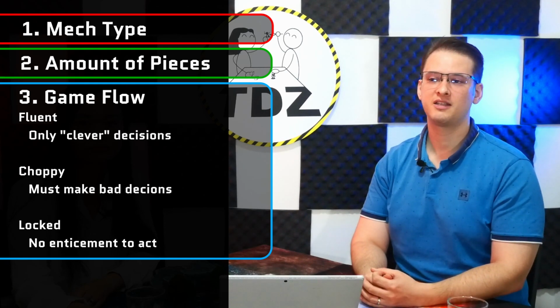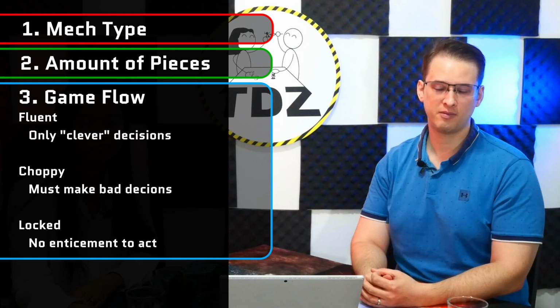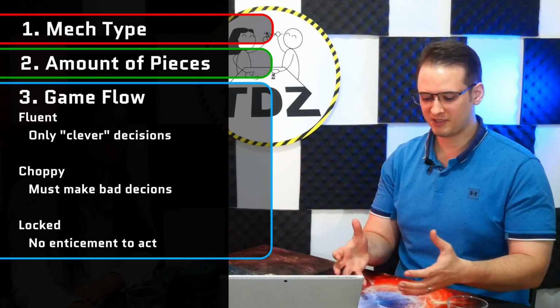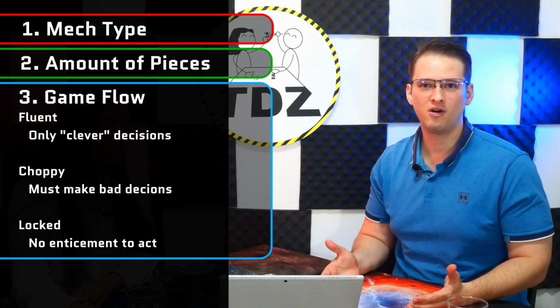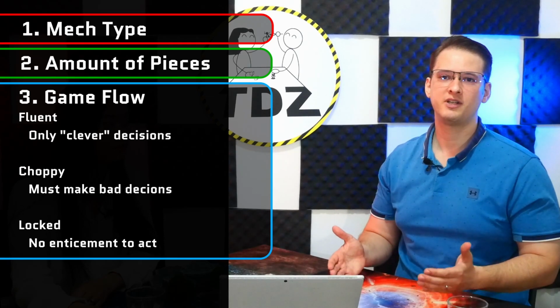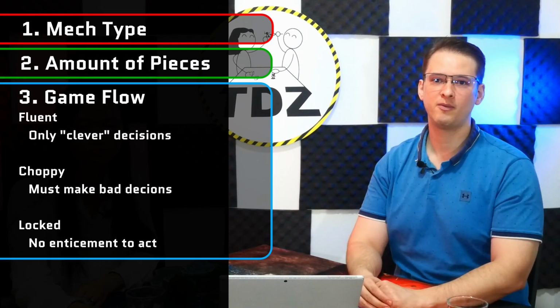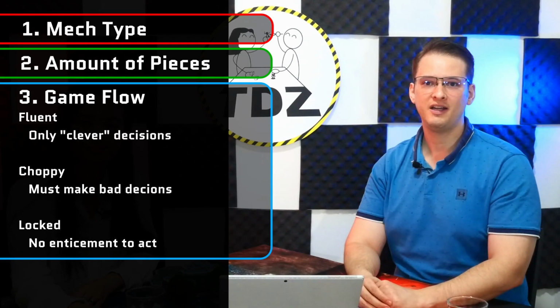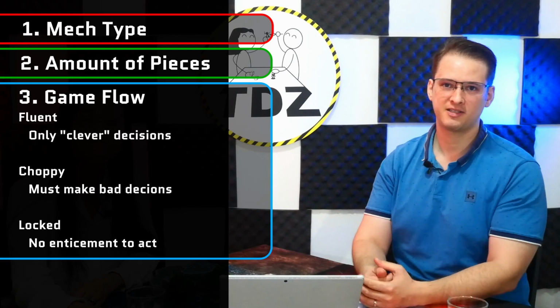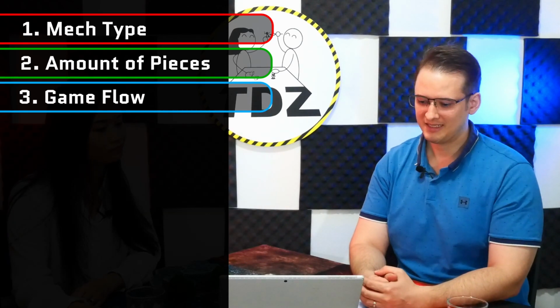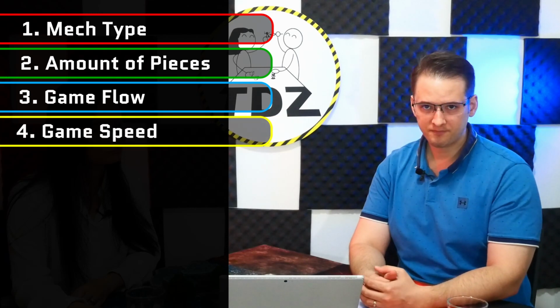Locked means that there is a very high possibility that the mechs will just not be moved at all, because every move would essentially doom a mech, so why would anyone do this? So the only way to keep the game flowing is to actually sacrifice a mech or do something a normal player would not do.